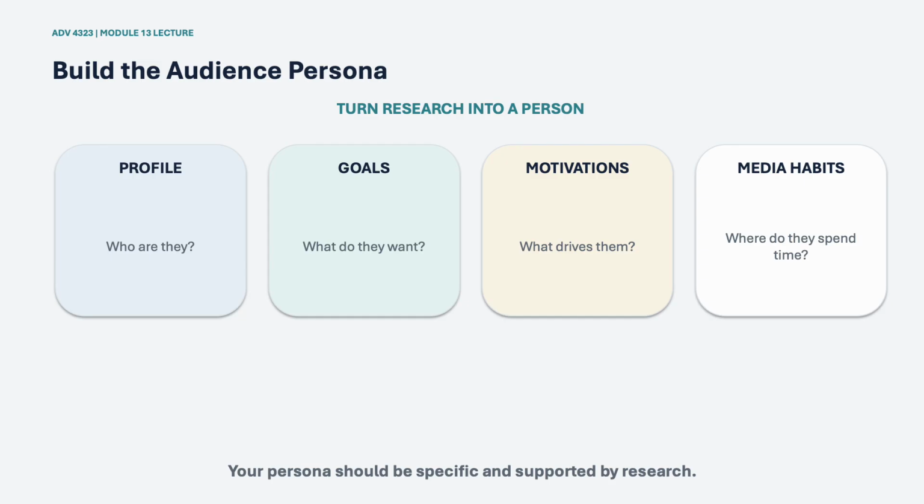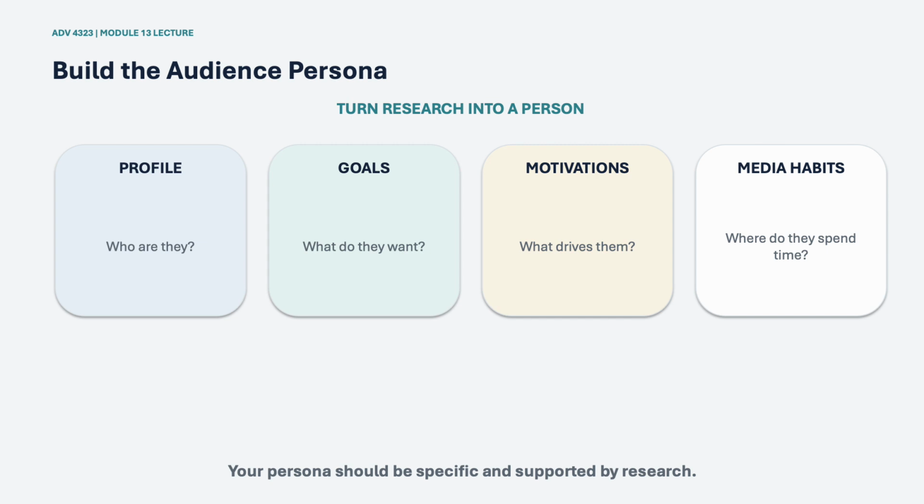Remember, you have already developed your audience persona earlier in the semester. For your final project, go back to the creative persona you developed for that assignment. Review it, revise it based on my feedback if necessary, and incorporate that completed persona into the final strategy. Your persona should represent a specific member of your target audience based on your research.